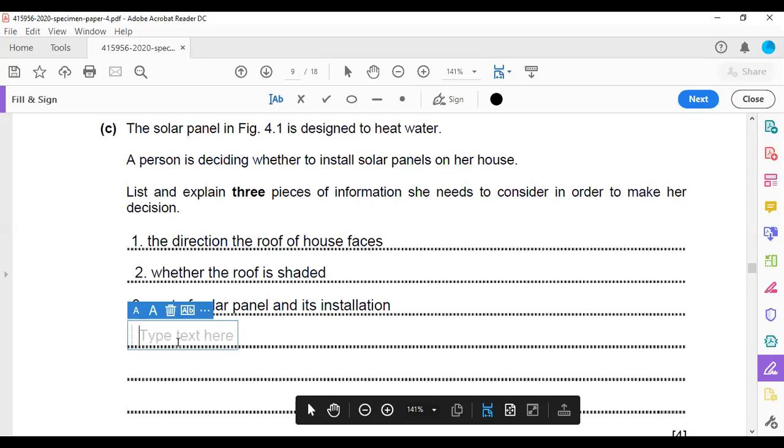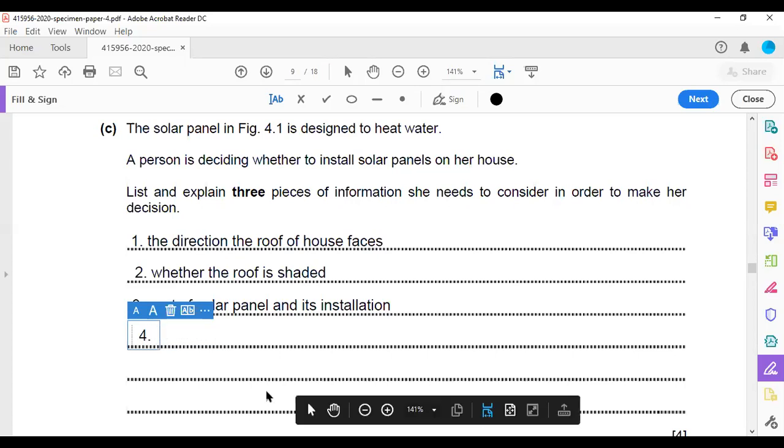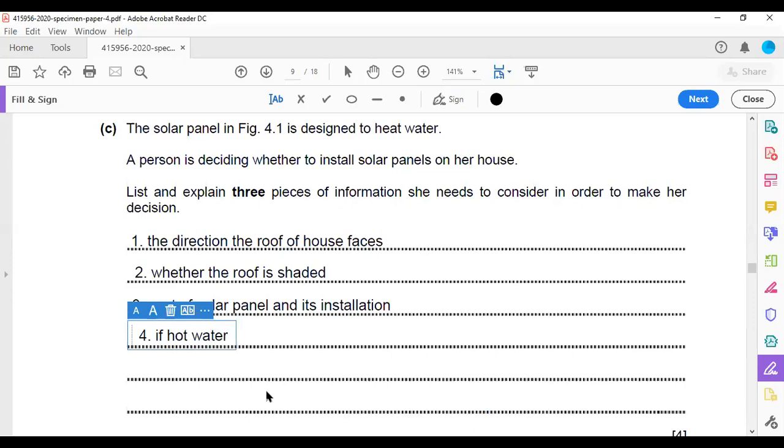Another reason, I'm just giving you a fourth one. Remember I was talking about whether hot water is going to be required all the time.